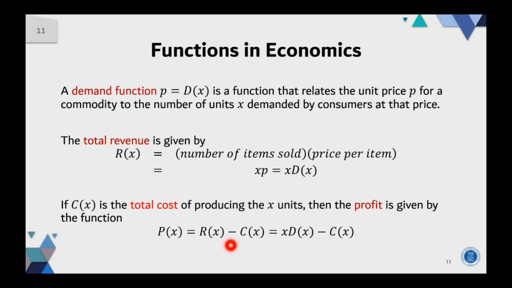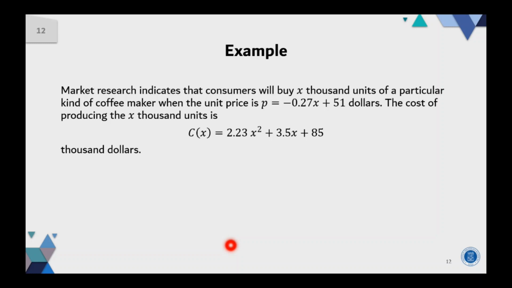And then from the total cost we have the fourth function, which is the profit function. And how we count the profit is just by subtracting costs from the revenue. Yeah, so we have x d(x) minus C(x). Okay, so actually it is not 3, but 4 important functions in economics: demand, total revenue, total cost, and profit.